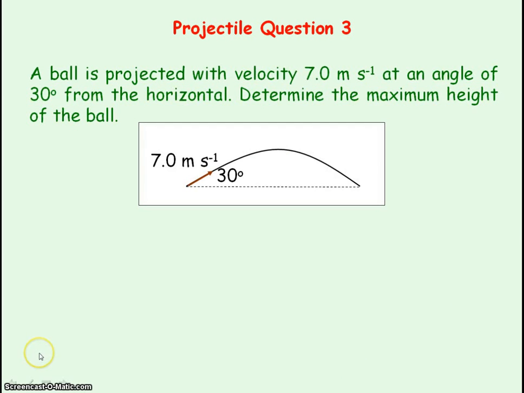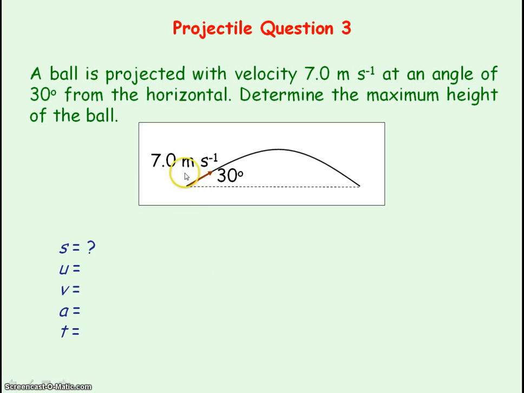For this question, we need to determine the maximum height of the ball, which is a vertical displacement. So we need to use the SUVAT equations for vertical motion. So s is what we're trying to determine, the maximum height. The initial velocity vertically will be the initial component of the velocity in the vertical direction.